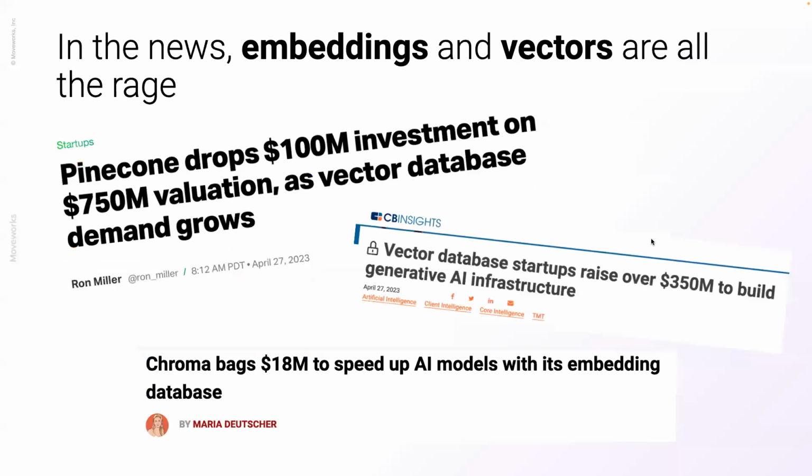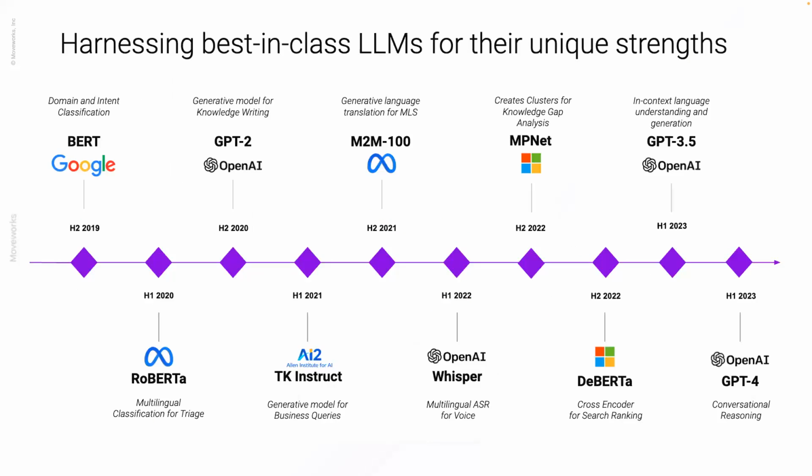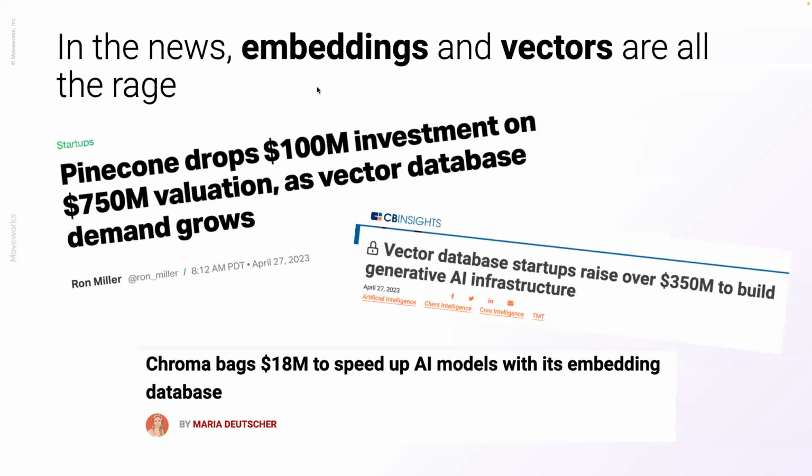But if there's one thing you can take away from this presentation, it is one level deeper that is very, very useful for working with large language models. You can operate at the level of just putting text out. But what Moveworks has been doing since at least 2019 is using one level deeper of what these models are really doing, which has to do with embeddings, otherwise known as vectors.